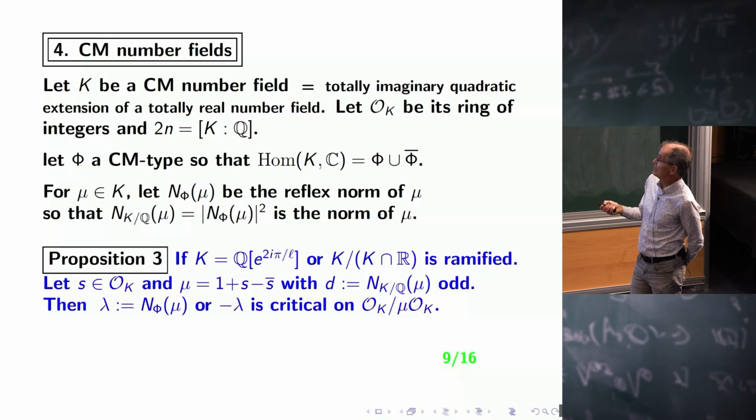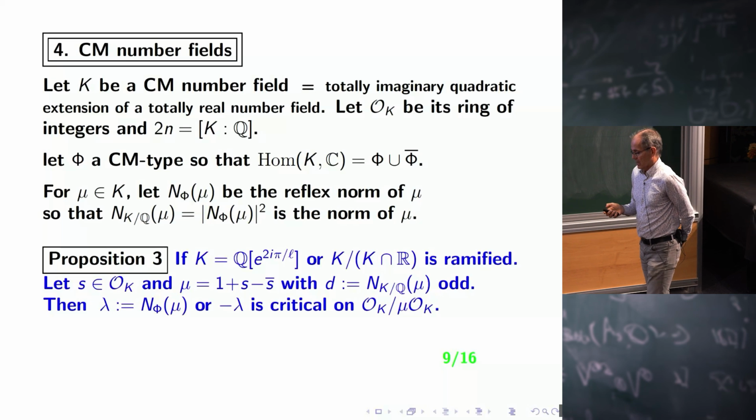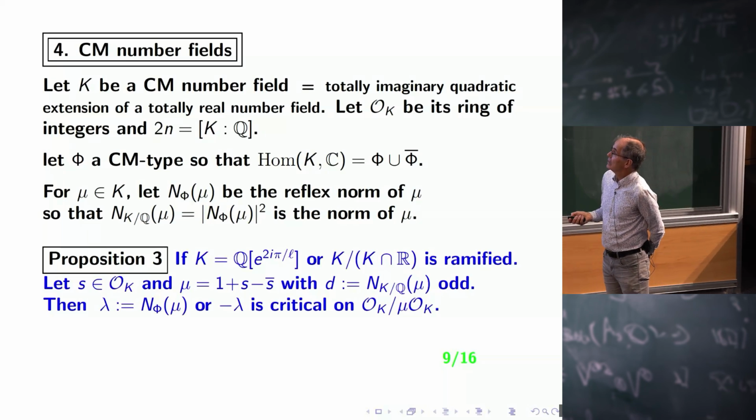And as you know, it's very easy when you have a mu to detect what is the structure of this abelian group, because you just have to look at how it splits, and so it's easy to choose some mu for which this is really a cyclic group.